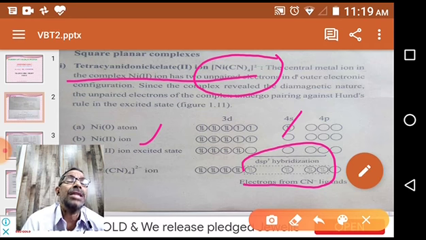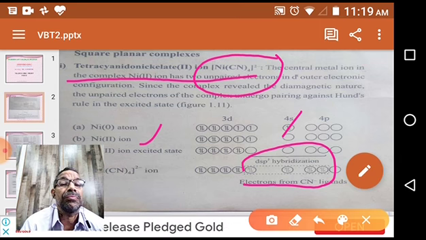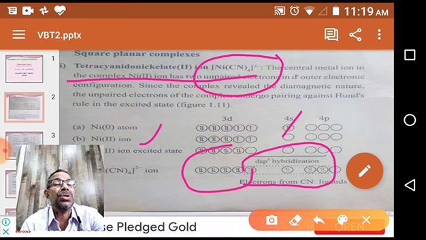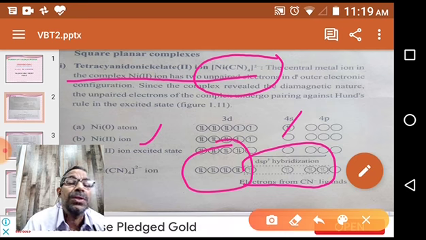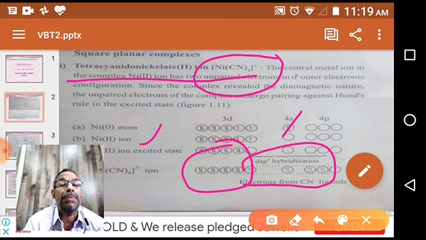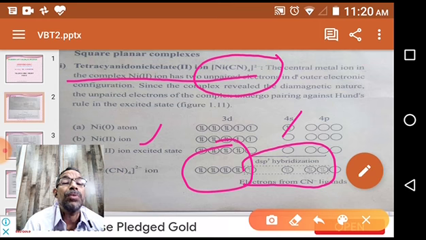Further, as per practical observation, this compound exhibits diamagnetic property. This is explained by all paired electrons. There is no unpaired electron in the d orbitals. Generally, d block coordination compounds exhibit magnetic behavior, paramagnetic or ferromagnetic, due to the availability of unpaired electrons in d orbitals.